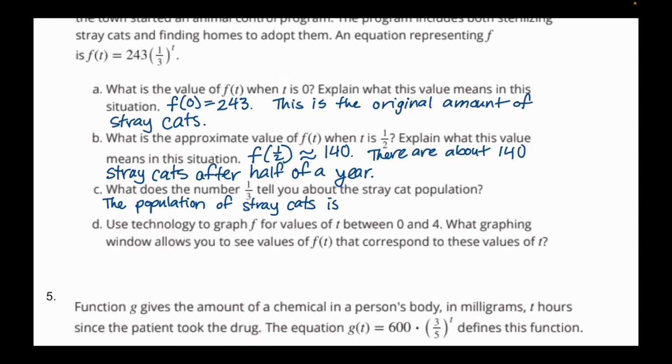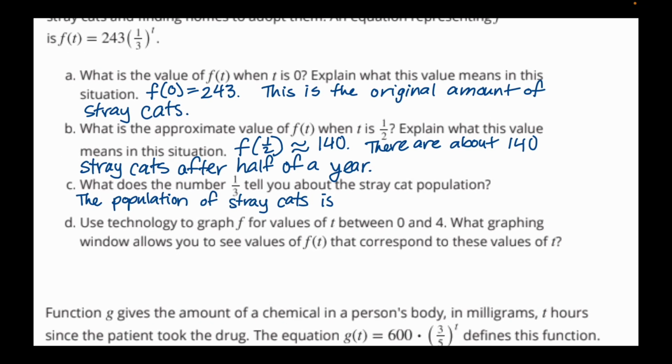So that's what I am going to describe this as, just because the English sentence sounds best as a response to this question. So the population of stray cats is decreasing by 2/3 each year. Okay.